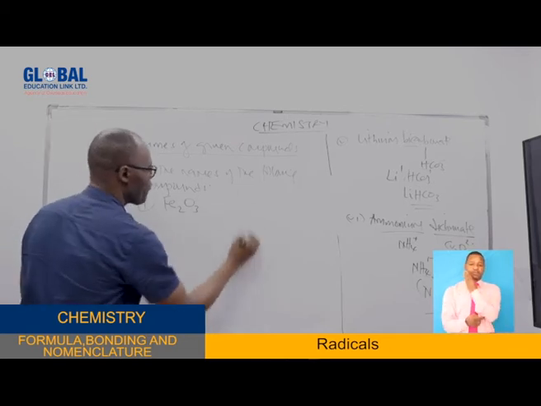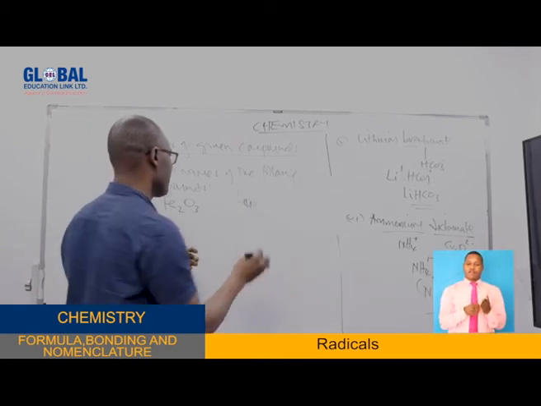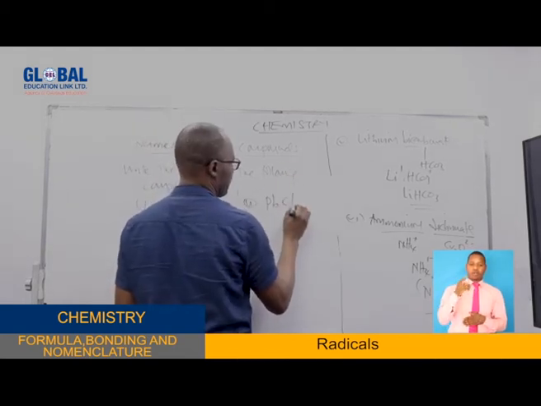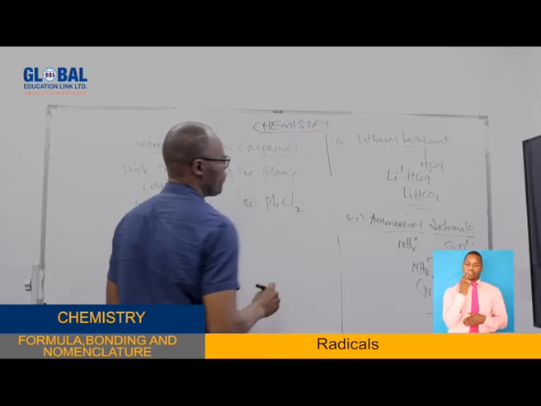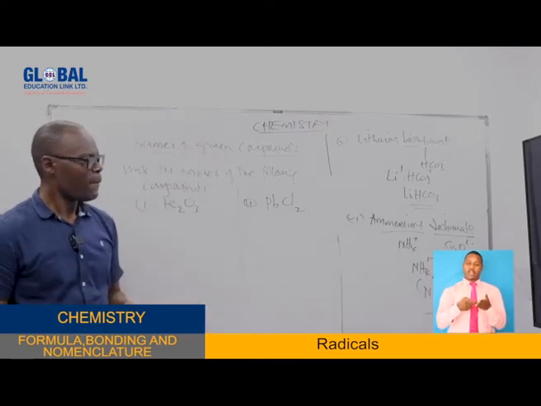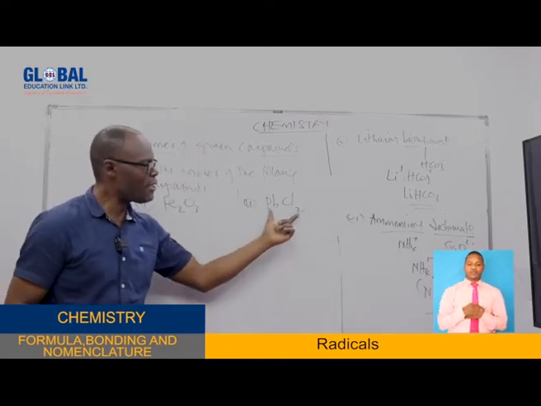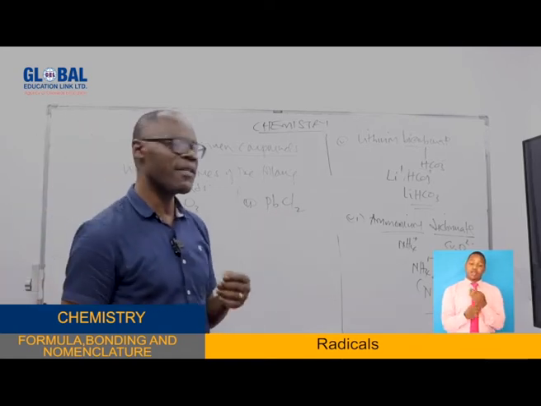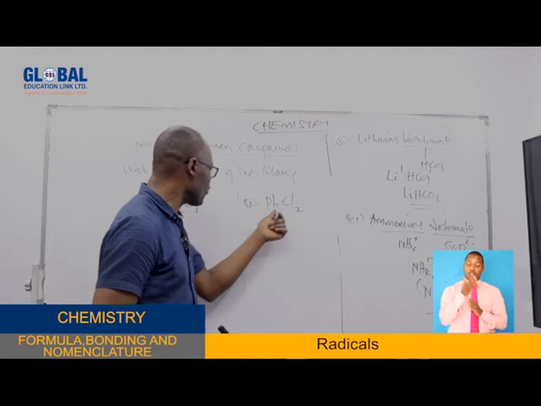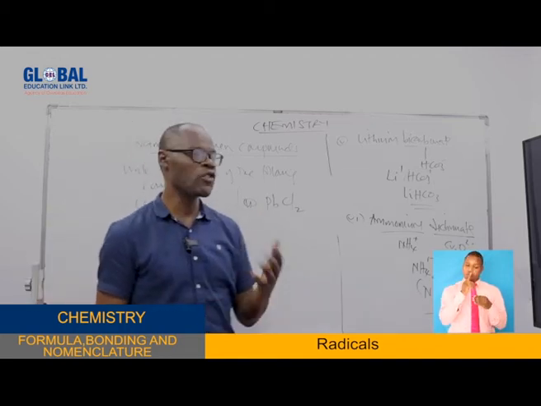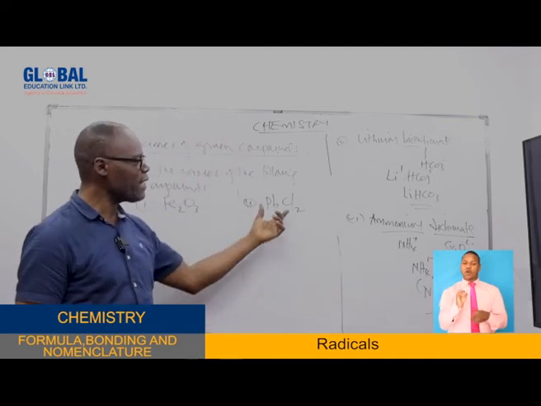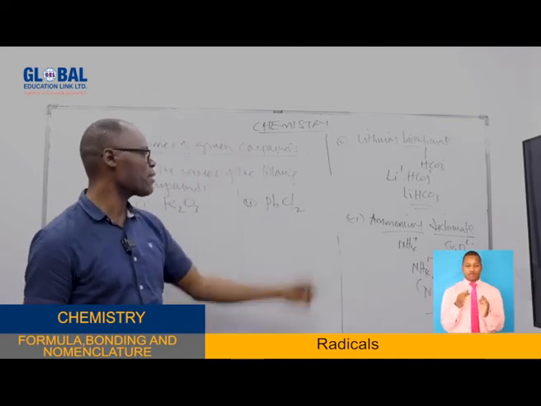And then let me have the second one as PbCl2. For PbCl2 and Fe2O3, the first thing that should come to your mind, ask yourself, are the metals having variable oxidation state, or do they have a normal oxidation state? So you're supposed to identify this before you start thinking of how to write the name.